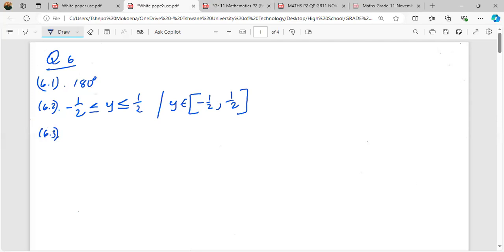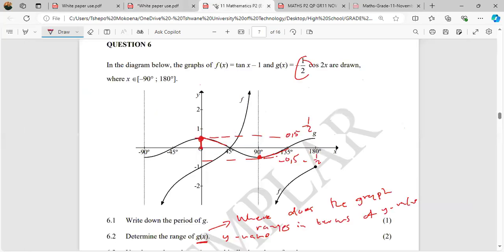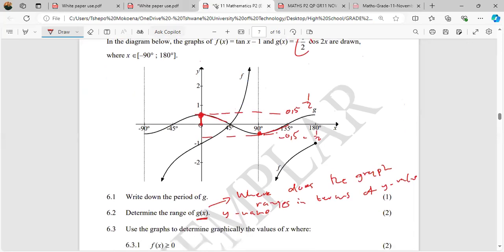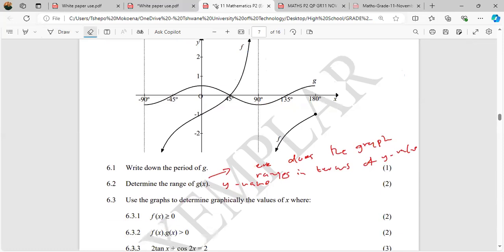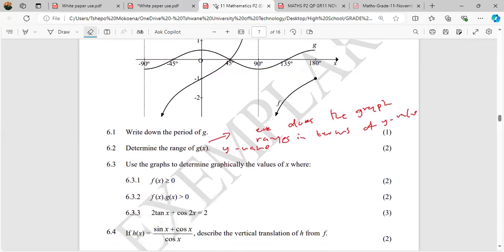Most definitely, we jump to 6.3. Let me erase this so that we don't confuse ourselves. So now we're gonna jump to 6.3. Now, how does 6.3 go about? 6.3 says to us, use the graphs to determine graphically the values of x.